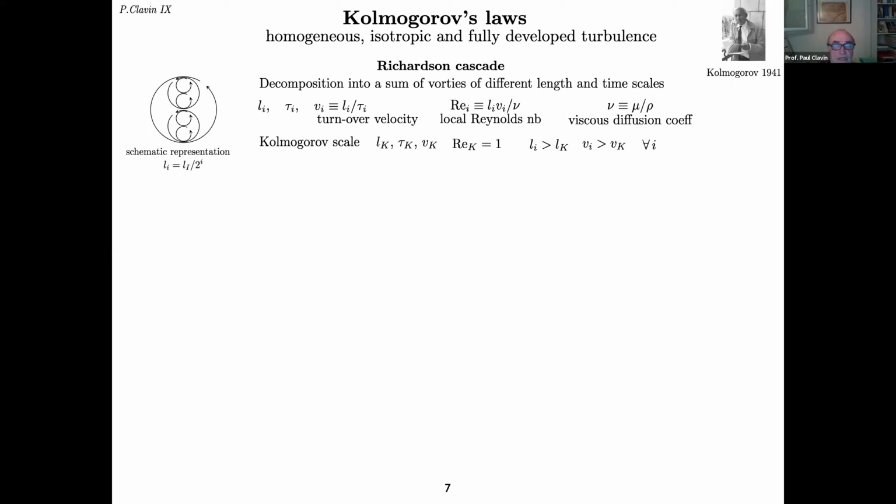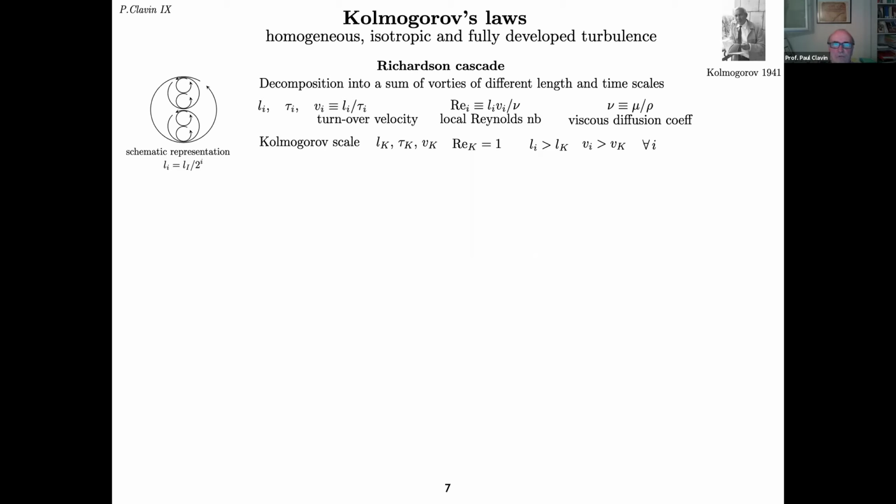And Kolmogorov defined the smallest scale in the turbulence, saying that if the Reynolds number is below unity, the viscous damping stops the fluctuation.